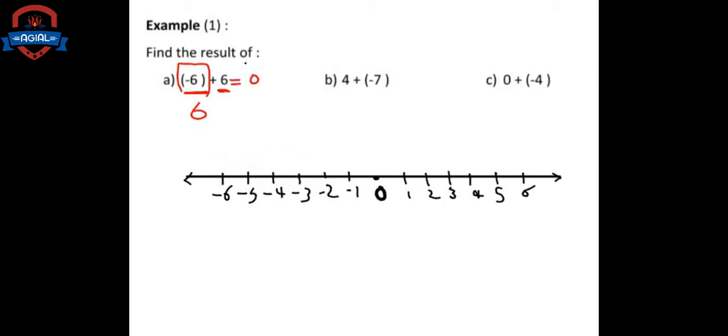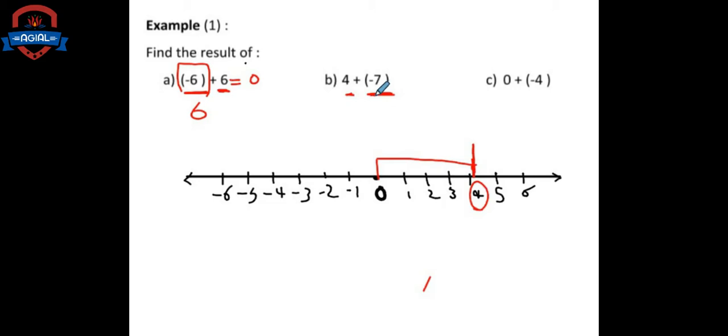Letter B, 4 plus negative 7. We have now 4, so we start from 0 and move to the right 4 units to represent the number 4. After that, we start now from 4, and we have the number negative 7.